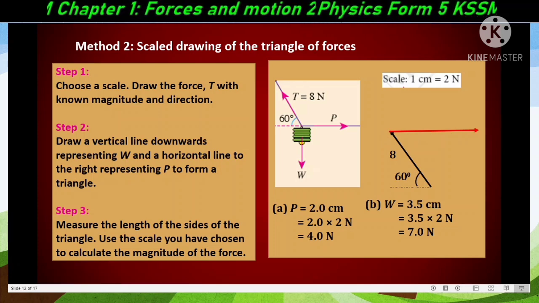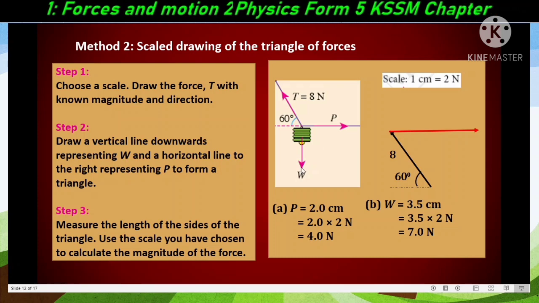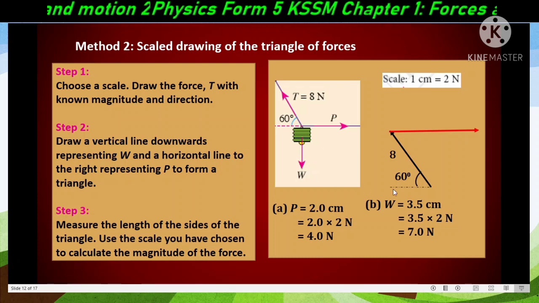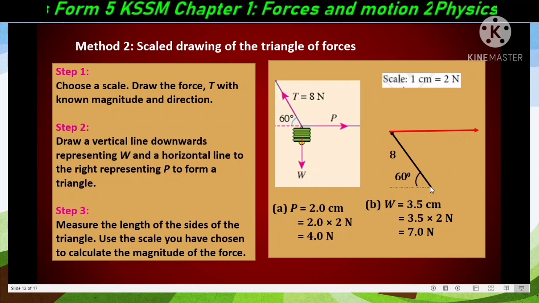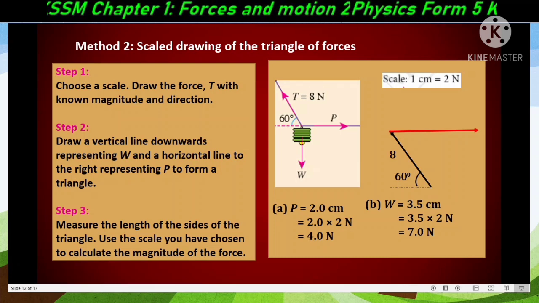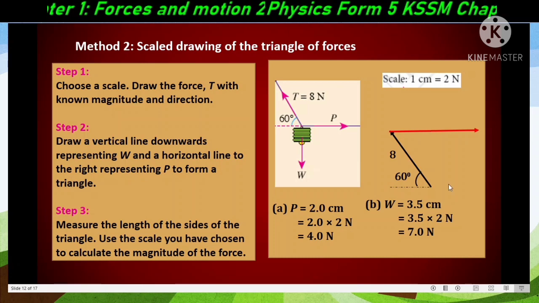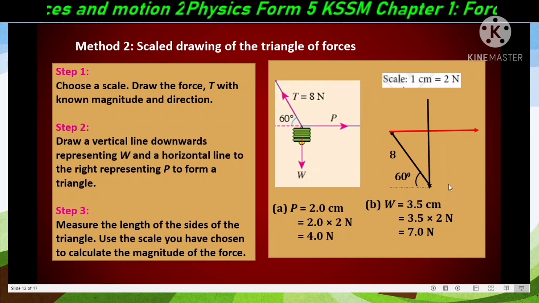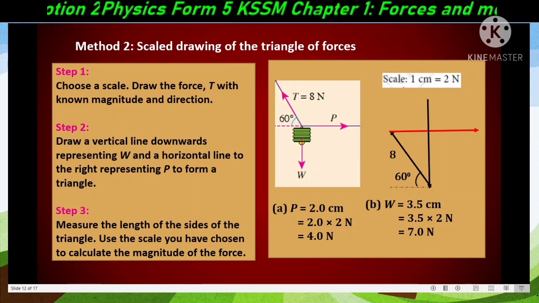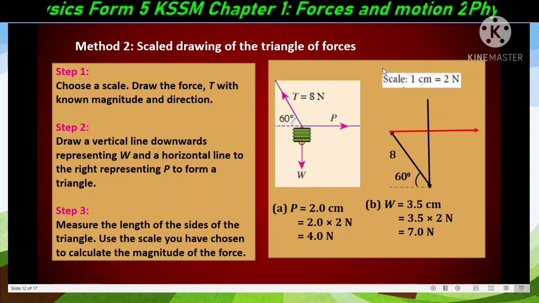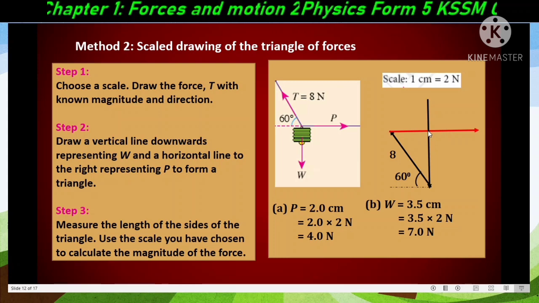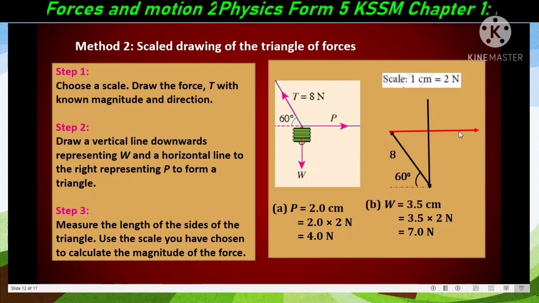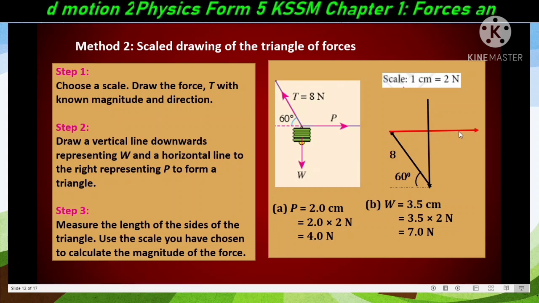Okay, and then now we want to draw W. W is vertical, meaning from here you draw a vertical line to the line of force P. So we get it like this. You can see the two lines that we drew a bit longer just now intercept here, meaning this part and this part will become extra lines.